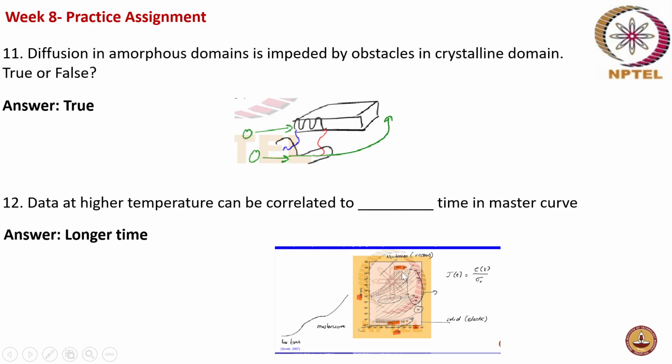This can also be correlated to giving ample time for the material to relax, and it is showing more of a fluid-like nature. That is how you develop the master curve. I hope you are able to get it.